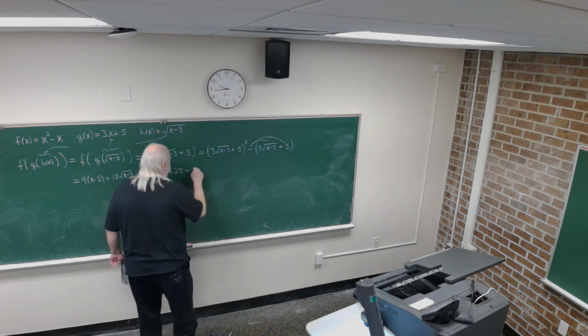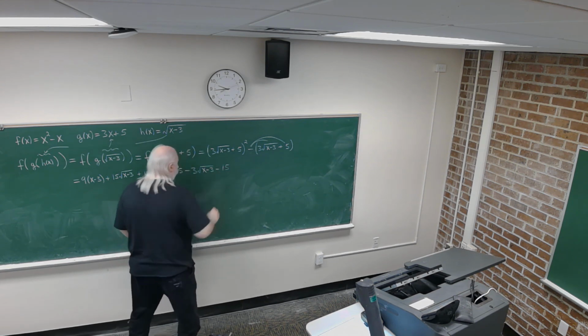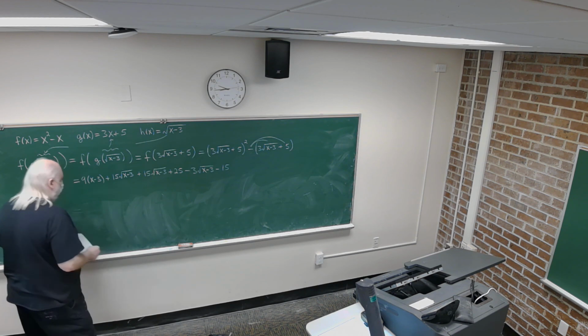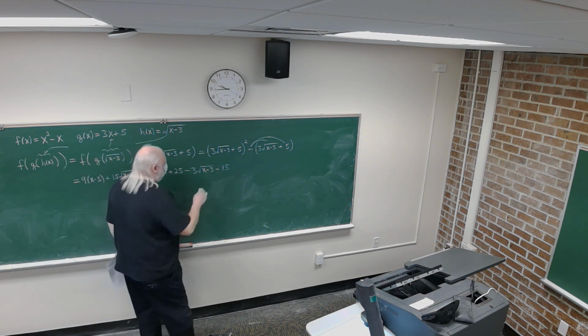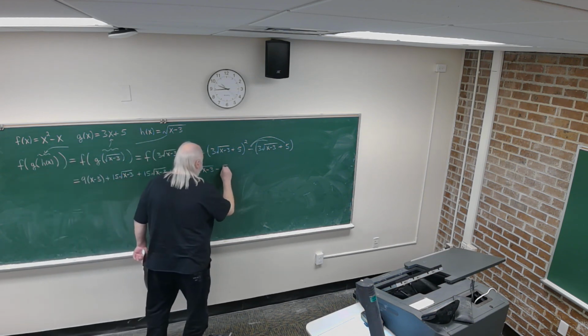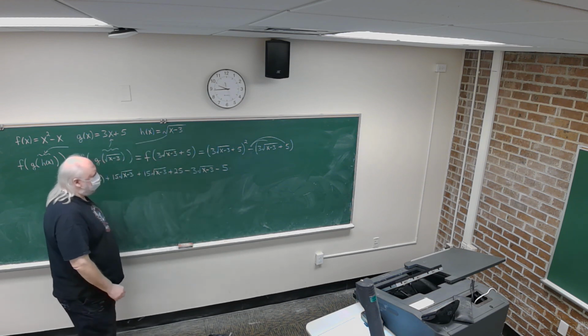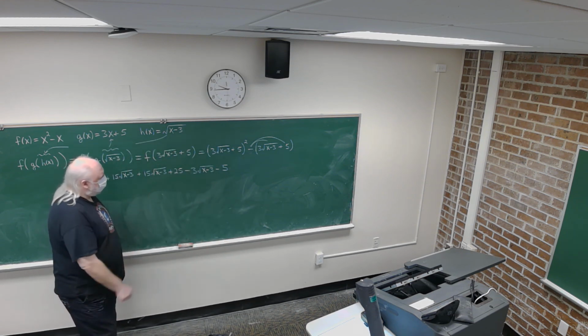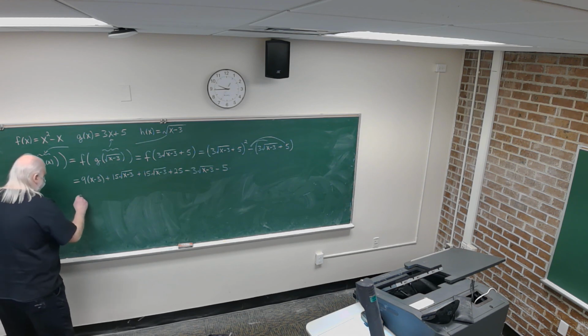When we distribute the minus, we have minus 3 times the square root of x minus 3 minus 5. Where did I get the minus 15? It's minus 5. We're just changing the sign of each term inside the parentheses. All right.